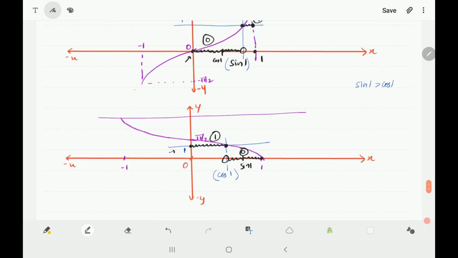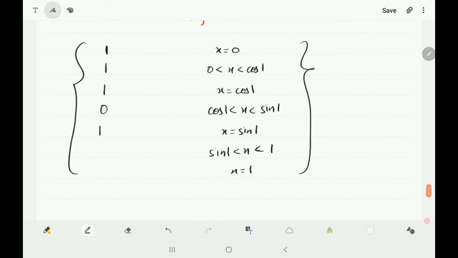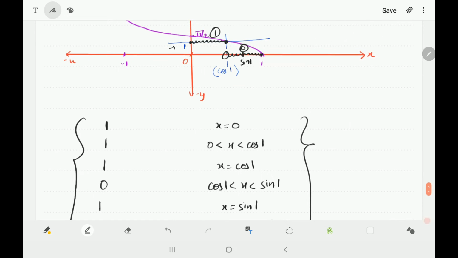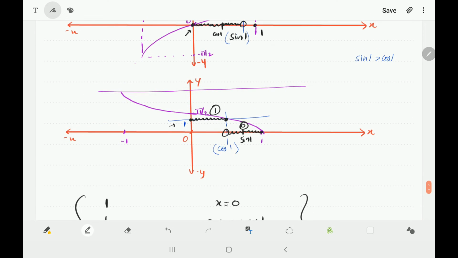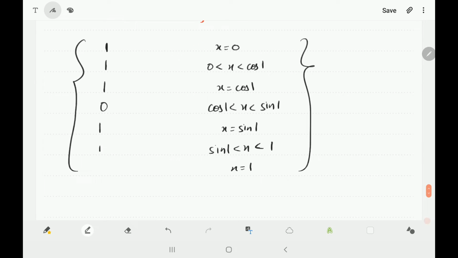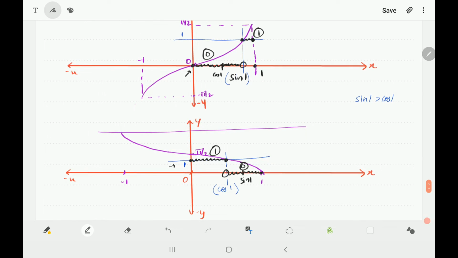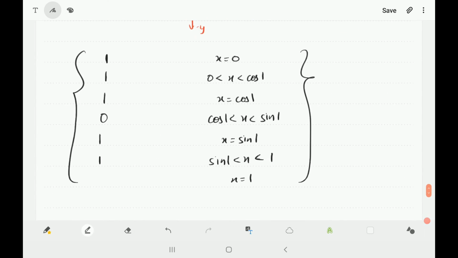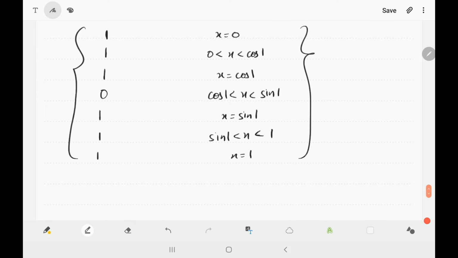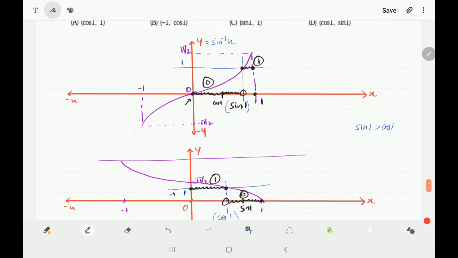Okay, at sin 1 the first graph has value 1 and the second graph has value 0, so the sum will be 1. From sin 1 to 1, this graph is 1 and this graph is 0, so the sum will be 1. At x equal to 1, you will have the sum as 1 plus 0, which is 1 only. So we have to find where the sum of gent of sin inverse x plus gent of cos inverse x is equal to 0.